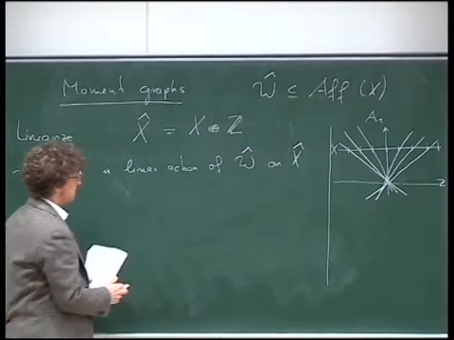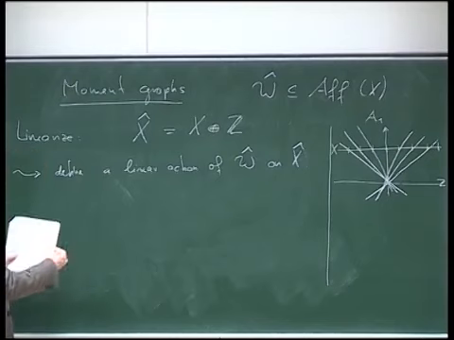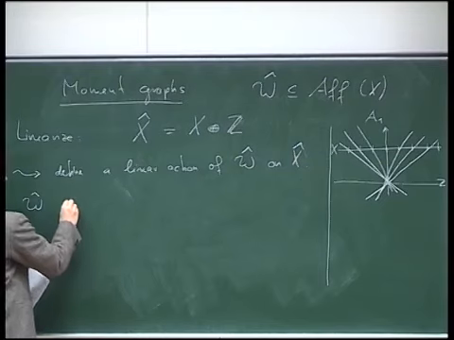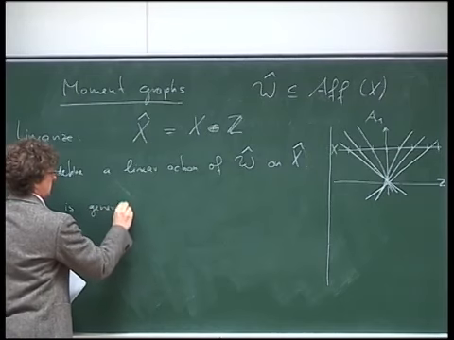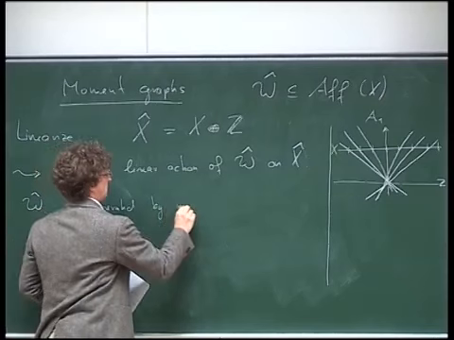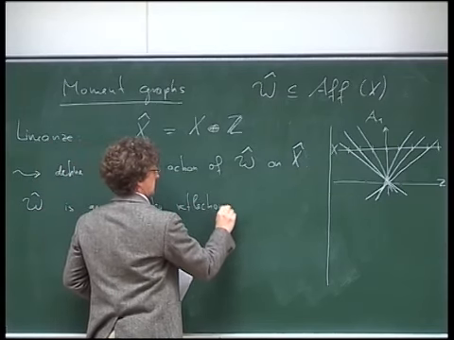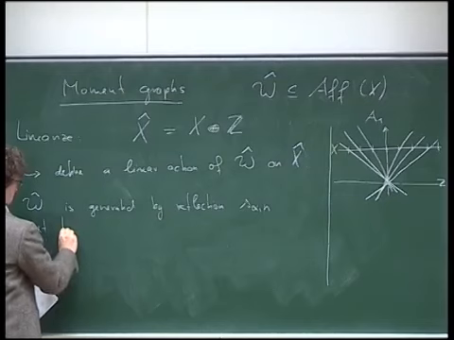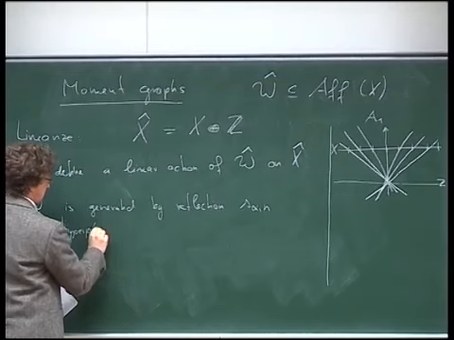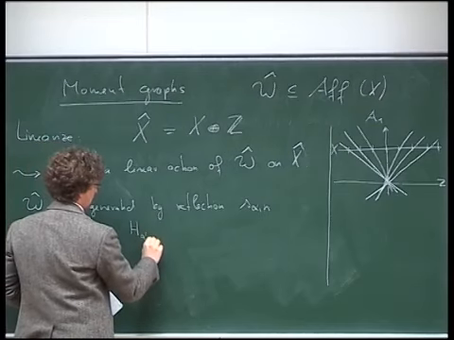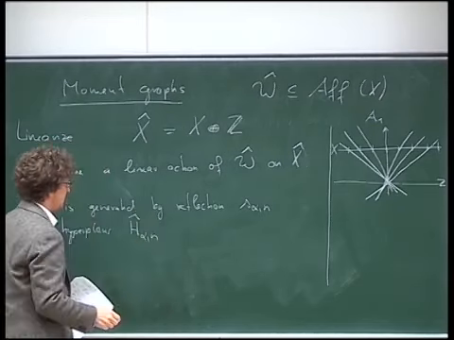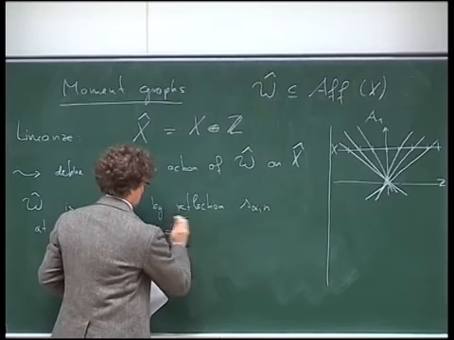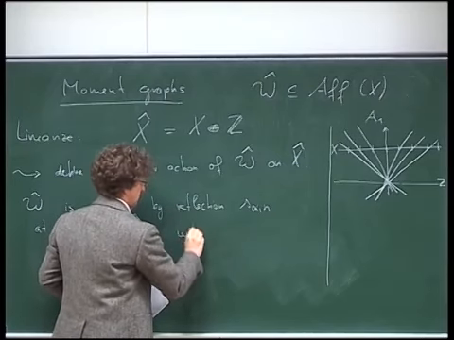So here's an affinization, linearization of the affine Weyl group, and W hat is generated by reflections s alpha n at the hyperplanes H hat alpha n, these are linear hyperplanes which are given by the following equation.